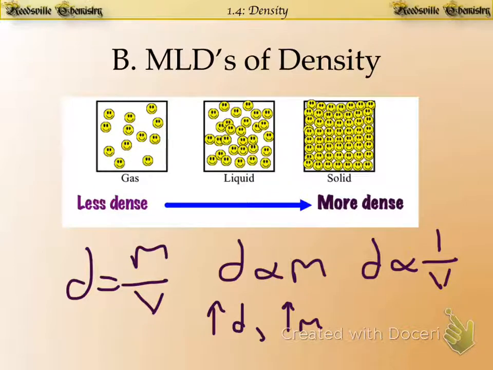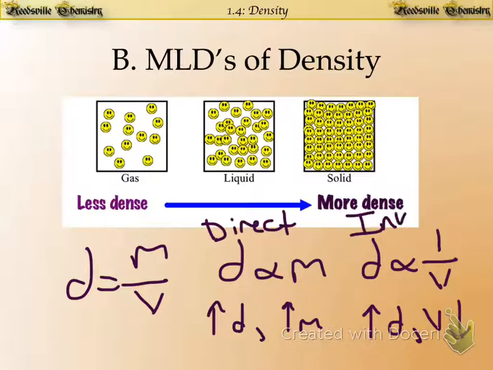That means if density goes up, volume's going down. So if volume goes down, density goes up. Same idea. So this relationship right here we call a direct, and this we usually call an inverse or indirect relationship.